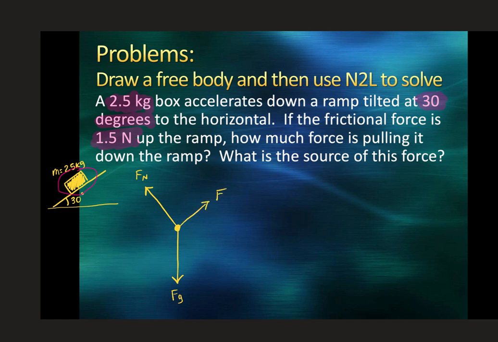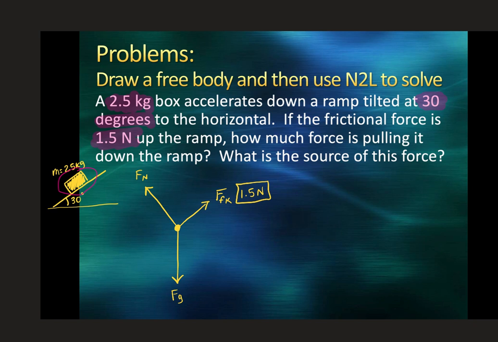And because the object's moving, I know that this is kinetic friction. Okay, and I know from the problem that the value of that force is 1.5 newtons, and that would traditionally be in that positive direction to the right.